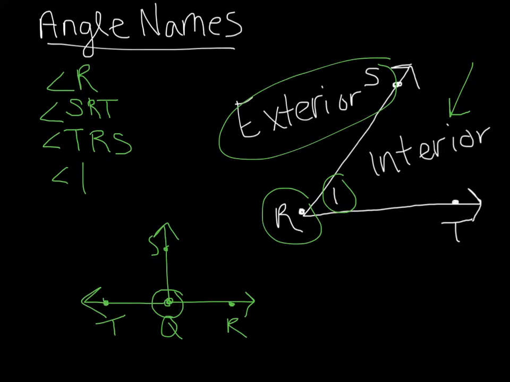Am I referring to angle SQT, or am I referring to angle SQR? So that's why in this example we could classify by its vertex, because there's only one angle. There's one vertex for one angle.